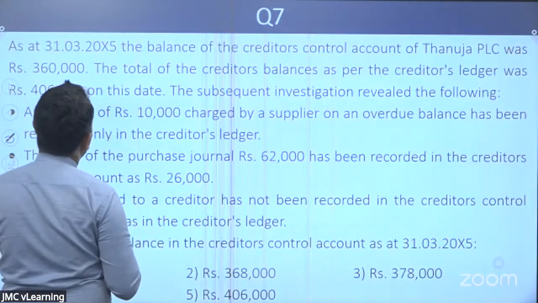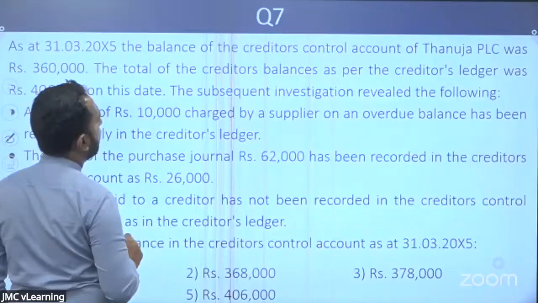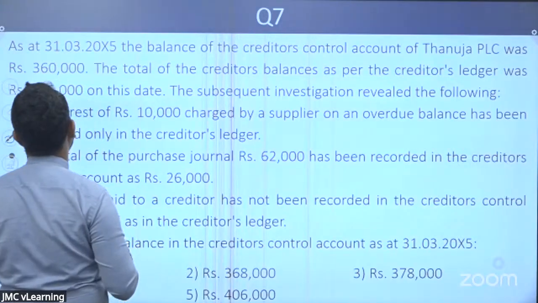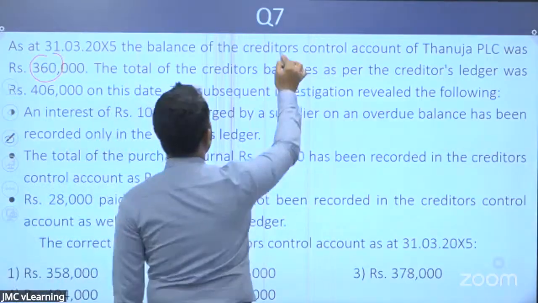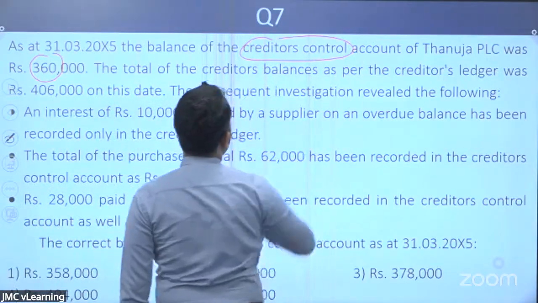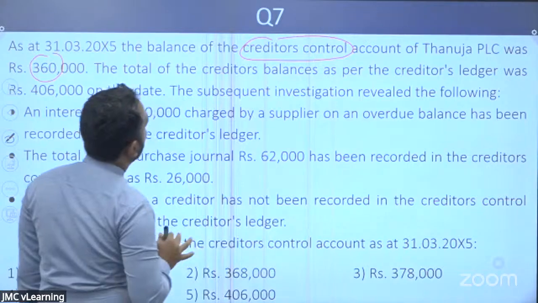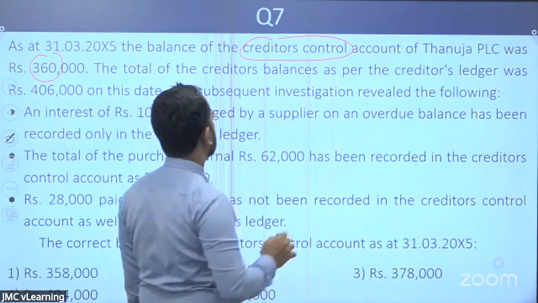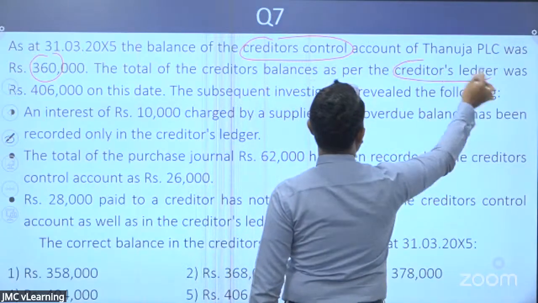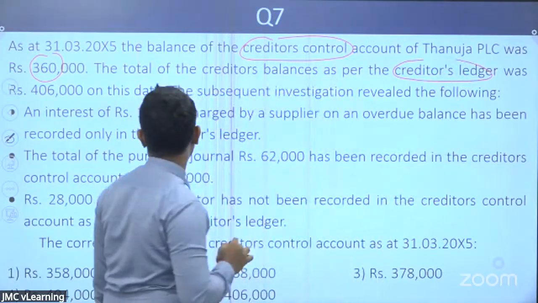As at 31st of March 2025, the balance of the creditors control account of Tanuja PLC was 360. The total of the creditors balance as per the creditors ledger was 406.